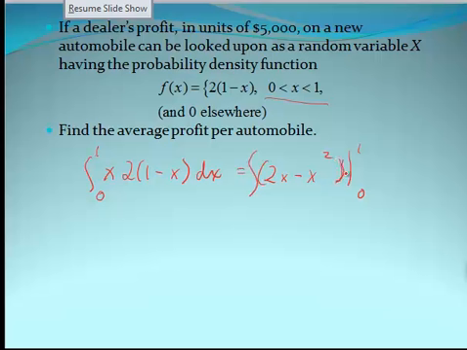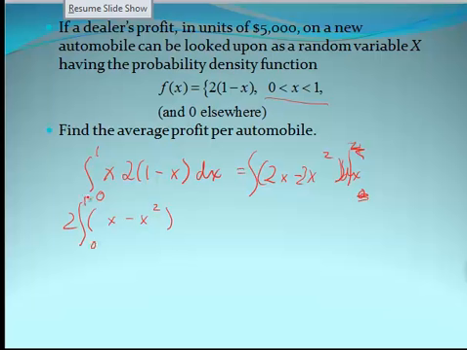Did I miss something? Yes, I did. Thank you for that loud whisper. That was very helpful. Okay, so we'll pull the 2 outside, and we'll say the integral of x minus x squared, 0 to 1 dx. Sorry, this is really unclear.